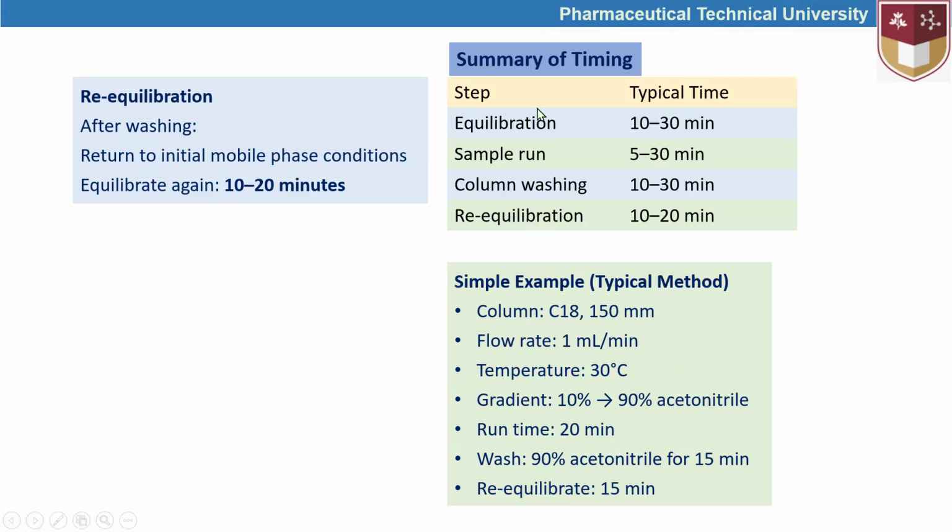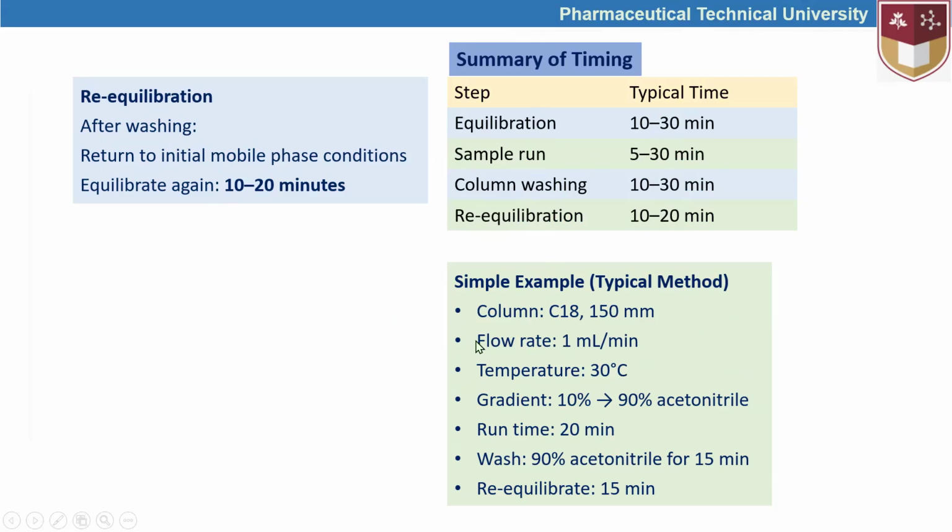And as a summary, we can say that equilibration could last from 10 to 30 minutes. Sample run could be 5 to 30 minutes. Column washing can be 10 to 30 minutes. Re-equilibration can be 10 to 20 minutes.